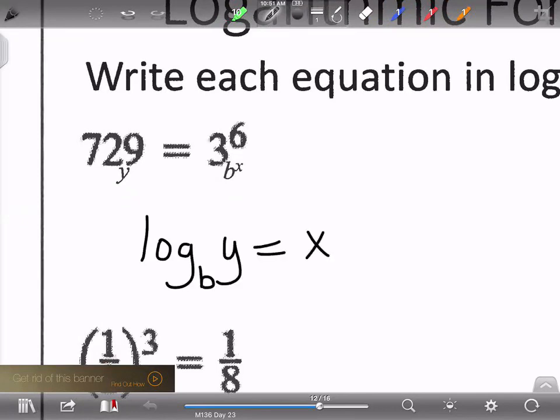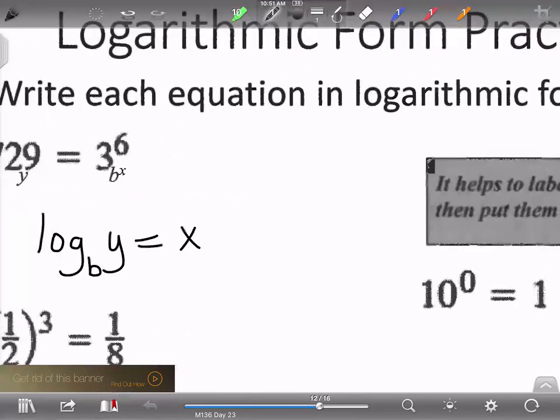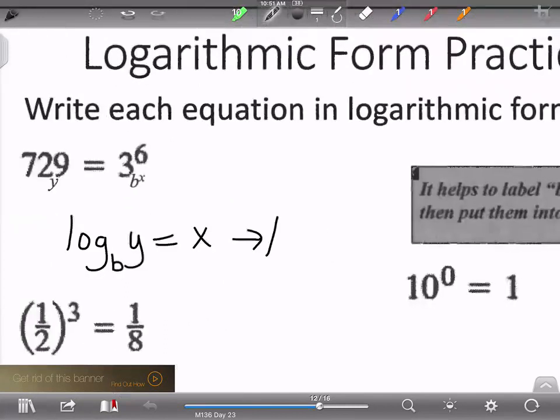So we're going to replace b, x, and y with these three numbers that we have labeled. So in this case, we're going to have log base b, so 3 is going to hang down at the bottom of the g. So that's log base 3 of y is 729, that's regular sized, equals x, which in this case is 6.